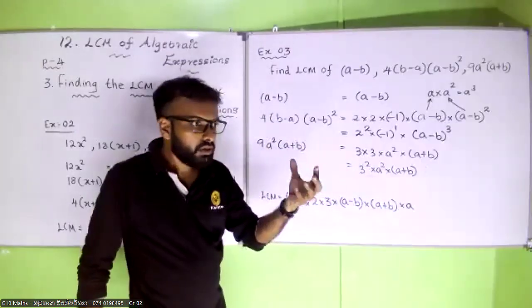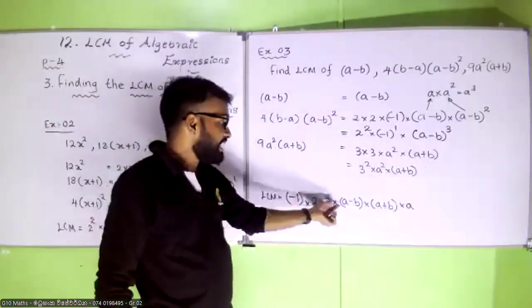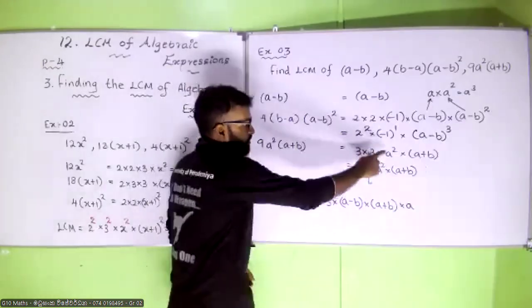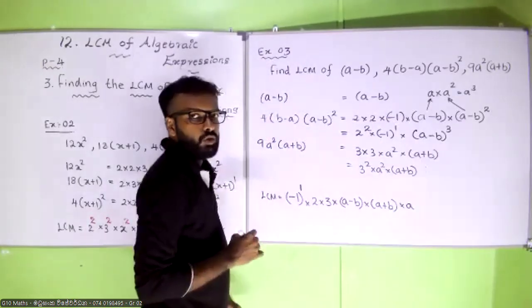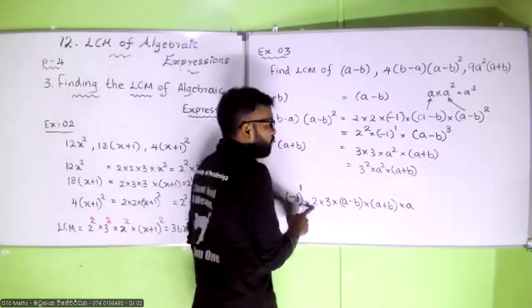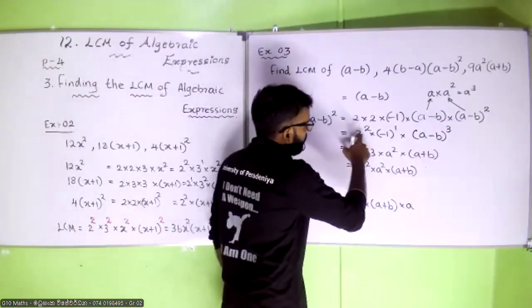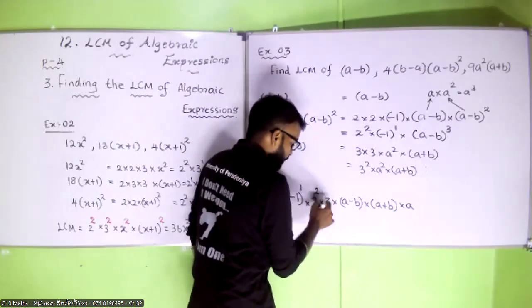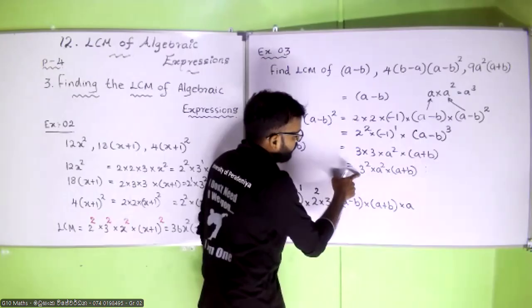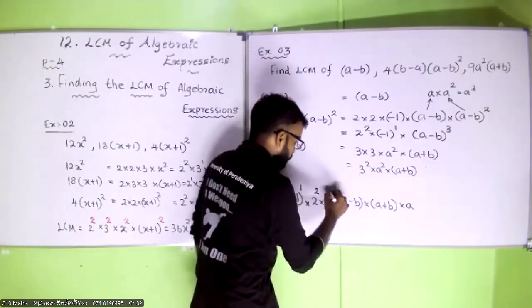So choose the highest power of each and every factor. Minus 1 to the power 1. When you consider 2, 2 to the power 2. When you consider 3, 3 to the power 2.